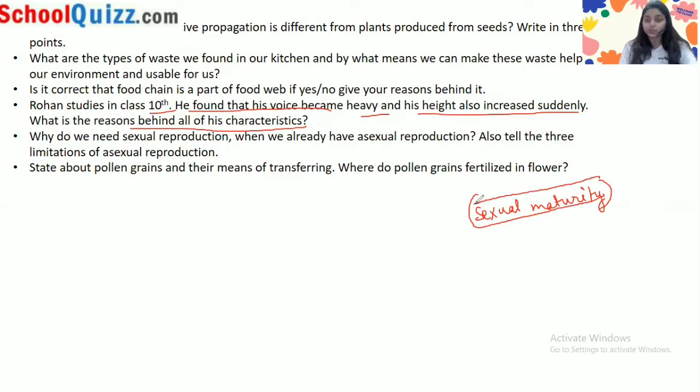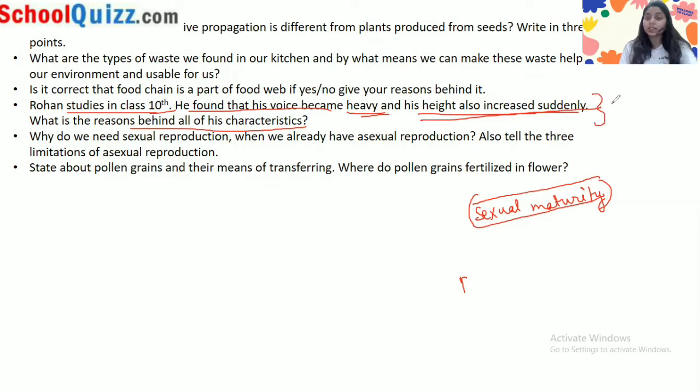What is sexual maturity? The question mentions that Rohan studies in class 10, and from class 8th or 9th you can see the changes in the bodies of boys or girls, because they are turning into teenagers. So he found that his voice became heavy and his height suddenly increased.